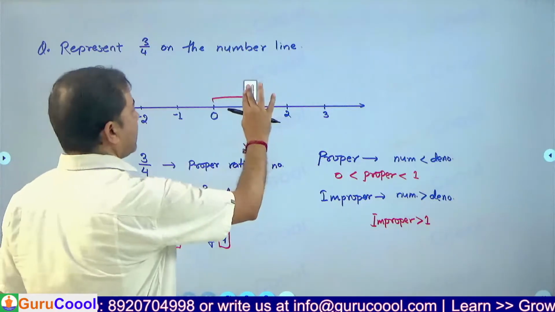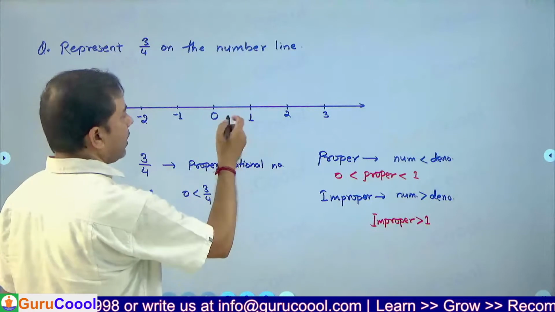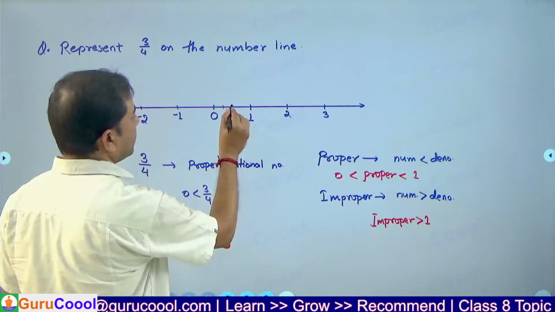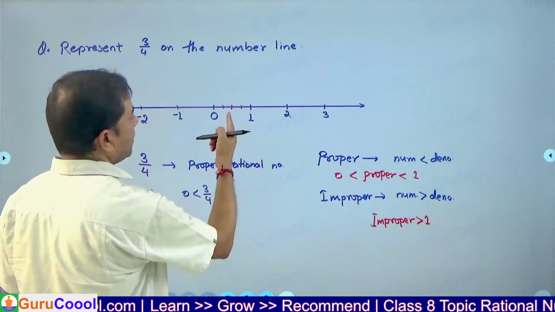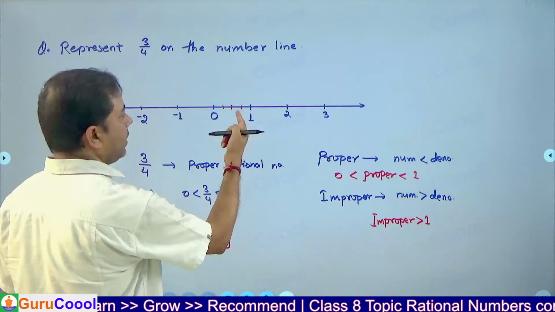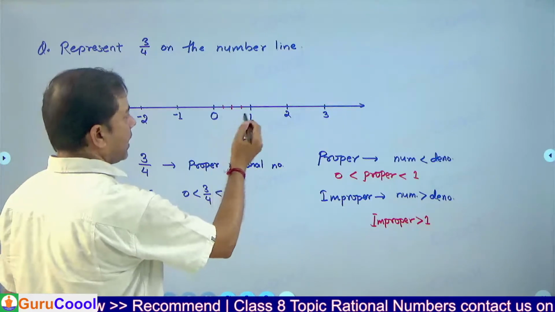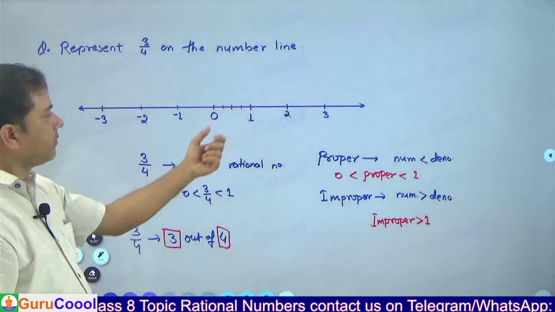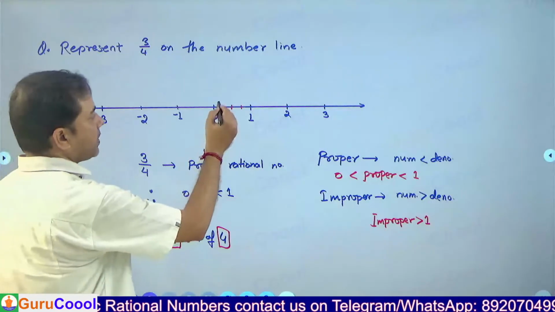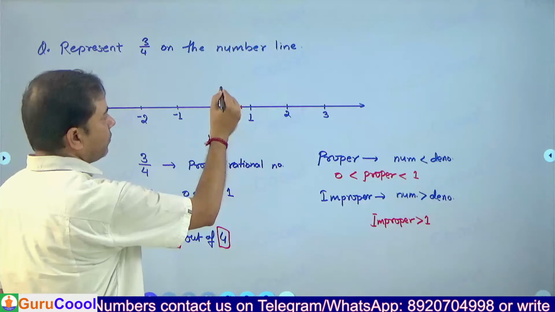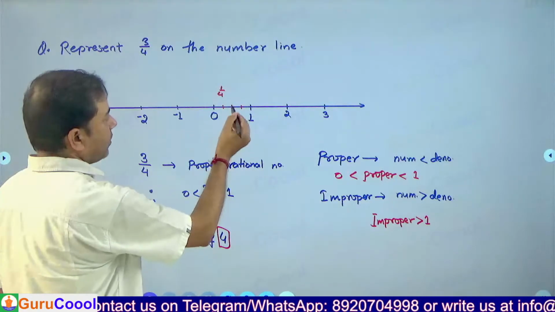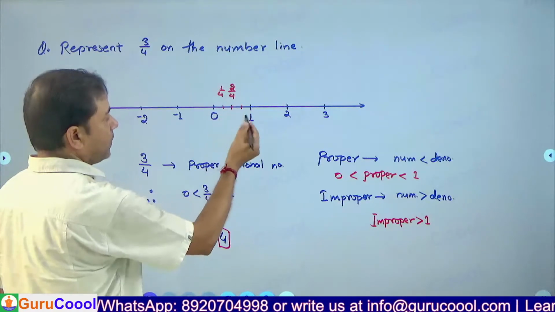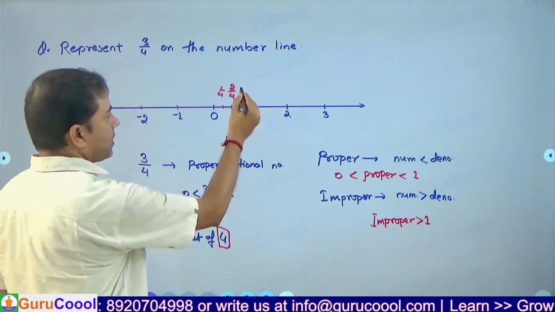So let us divide the distance between 0 and 1 into 4 equal parts. 1, 2, 3. I need to make only 3 cuts, and it has now become 4 pieces between 0 and 1. The first piece represents 1 out of 4. The second one represents 2 out of 4, that is also 1 by 2. The third point represents 3 out of 4.